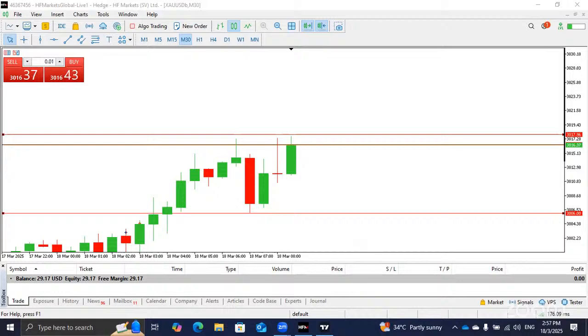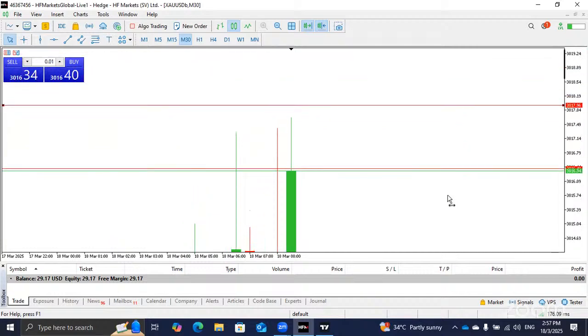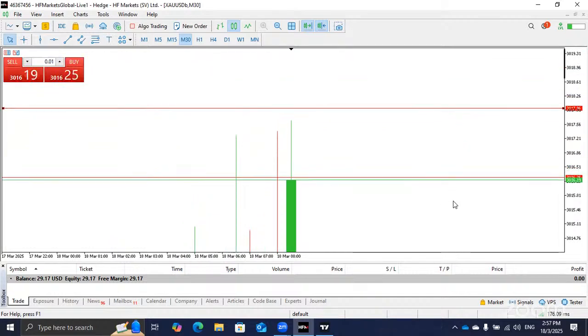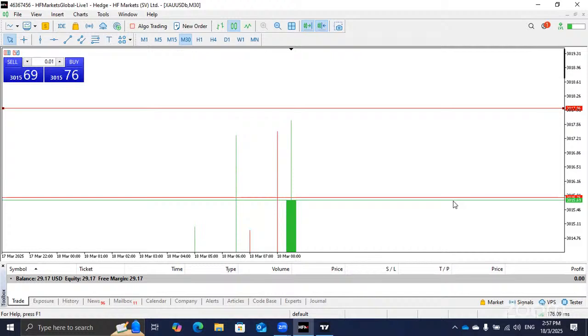Spread is very small now today. Very, very small. Close to nothing. Not bad, not bad. Our stop loss is going to be 22, 23 pips. Half the risk will be good.